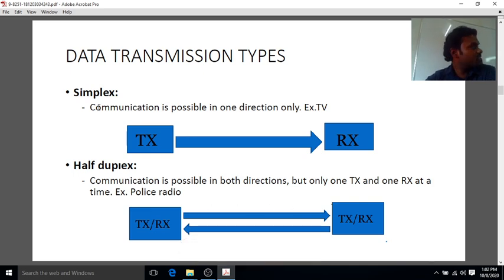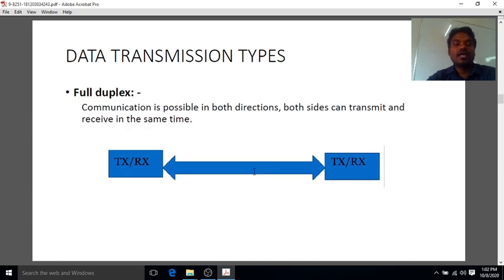First one is simplex, it is one-way communication, and half duplex is two-way communication, but at once only one transmitter and one receiver can be used. And here full duplex, and here we are very much focused on the full duplex one, that is, the communication is possible in both directions, and both sides can transmit and receive at the same time.